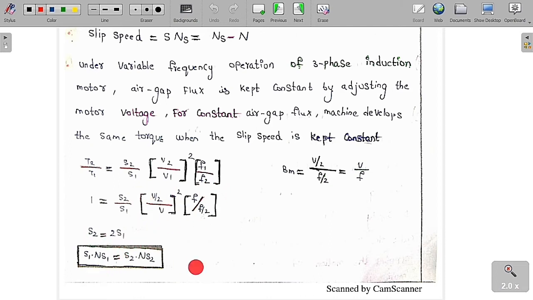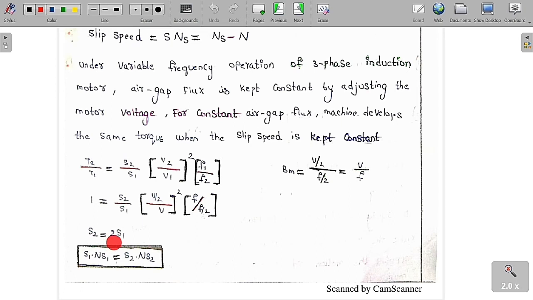So S1 into NS1 is equal to S2 into NS2 with S2 equal to 2 into S1, and NS2 is nothing but 120 F2 by P. Here P is the same, and F2 is simply F by 2. So the 2s cancel, and we get S1 into NS1 is equal to S2 into NS2. So therefore the slip speed is kept constant.